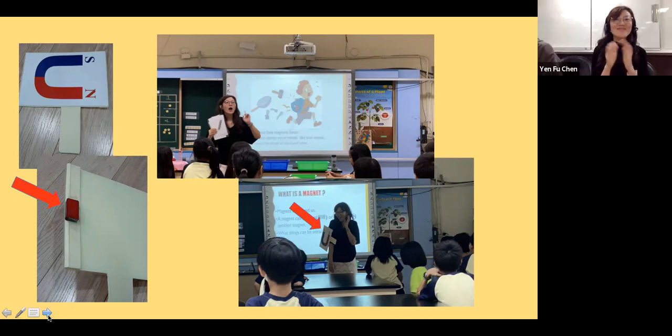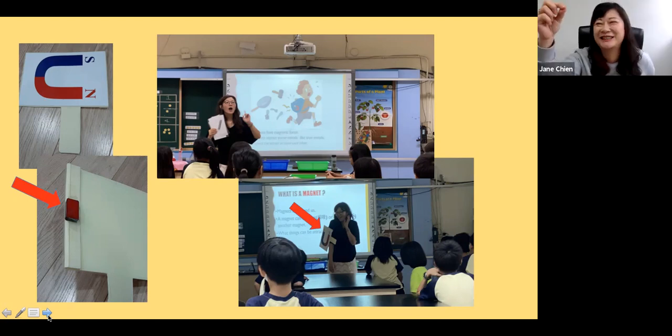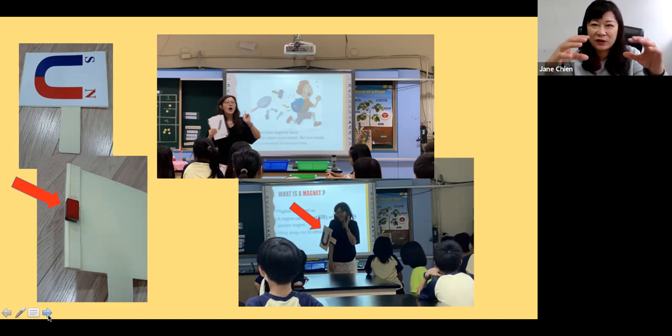Yeah, glasses. And also the pencil case, because in Taiwan we use those iron pencil cases, and they tried it out as well. So I really like this activity, and the surprise at the very end where you stick it on your arm.